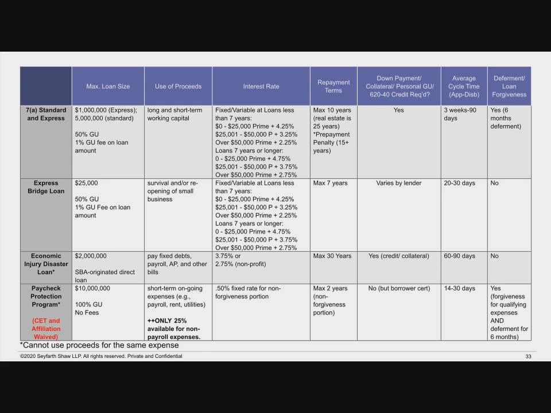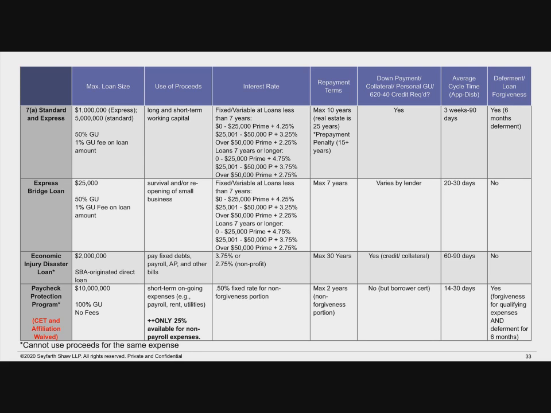We can either stay on the matrix while Alvin works through his bullet points and discussion topics, or we can go back and forth, whatever's easiest. But I would point out by way of example that if we look at the matrix, some may have a larger maximum loan size, a shorter term, deferment, forgiveness available, and others require more documentation and others less.